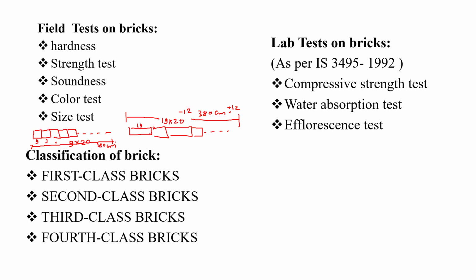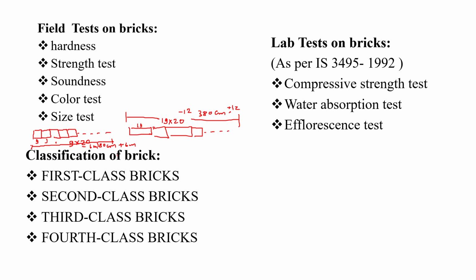There should not be variation of more than 12 centimeter along the length and 6 centimeter along the width and breadth. So 9 into 20 will be 180, so plus 6 centimeter minus 6 centimeter is allowable. So these are the field tests.